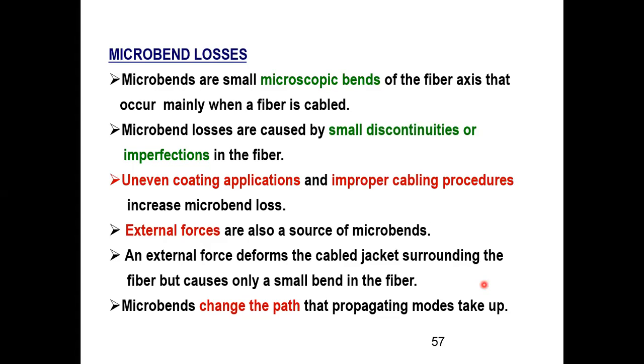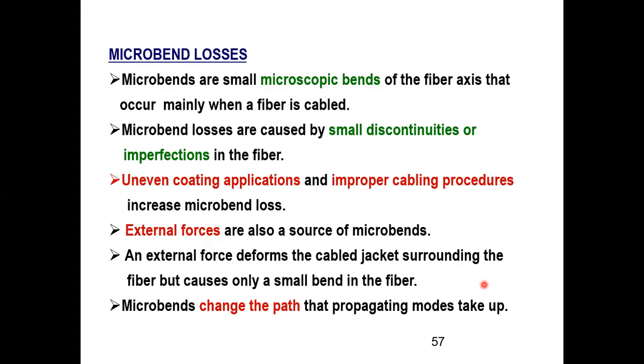Suppose I put a fiber below the tank, and based on how much water is in the tank, the tank exerts pressure on the fiber, and light is lost. So either you measure the amount of light lost, or you measure the amount of power decrease when the tank is filled.